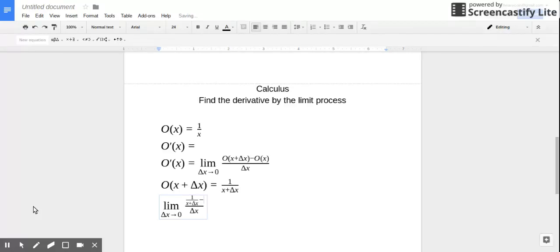So this was going to be 1 over x, and I think maybe I can just do that and then edit. Okay, so there you go. Oh geez, now what do we do? Well, we got these two fractions up here in the numerator, and we need to get this all into one single fraction.